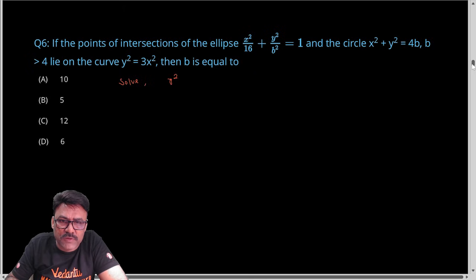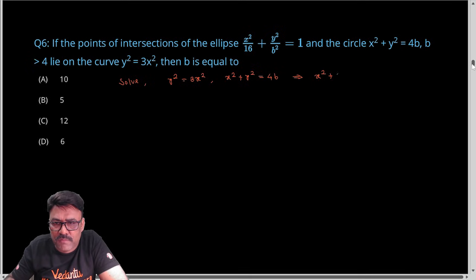y square is equal to 3x square with the circle first. X square plus y square is equal to 4b. If I put y square is equal to 3x square here, I get x square plus 3x square is 4b.